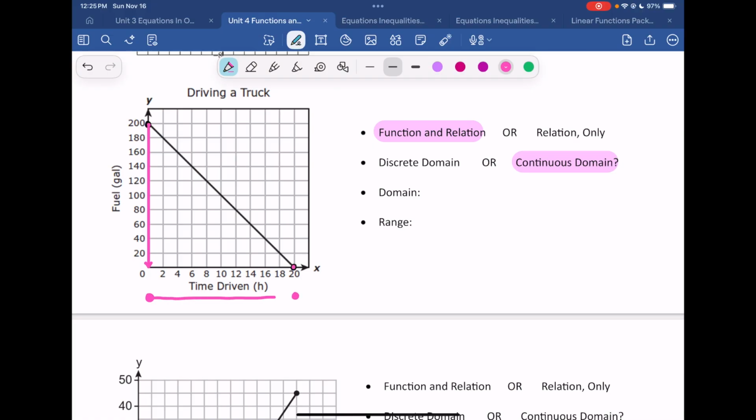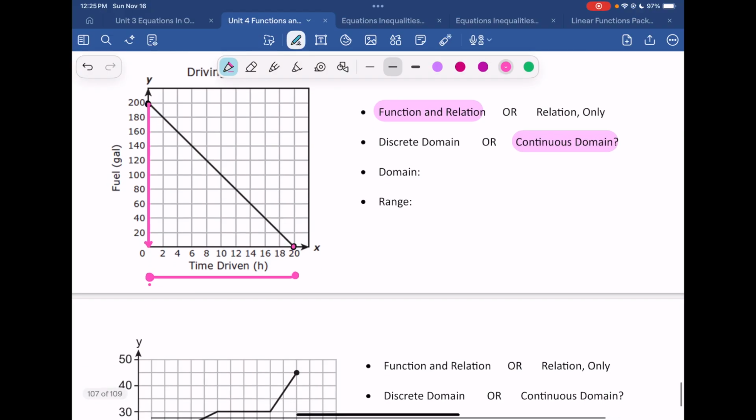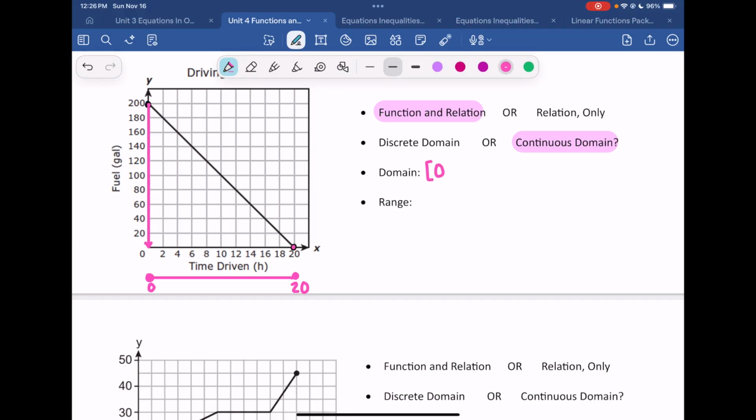So it's essentially like if you had a number line that looked like that, it's going from 0 to 20, inclusive, including the endpoints and everything in between. So one way to write that is to do a hard bracket because the points are included, [0, 20]. That's interval notation.